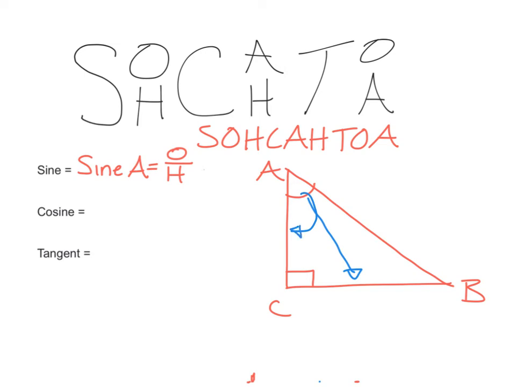So cosine of A would be adjacent, AC, over the hypotenuse. Or in general terms, cosine equals adjacent over hypotenuse.